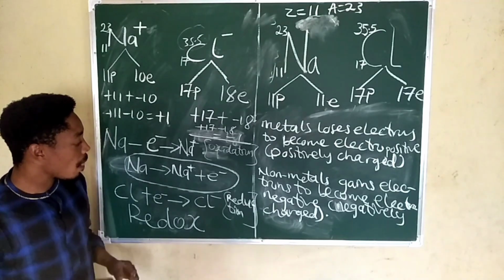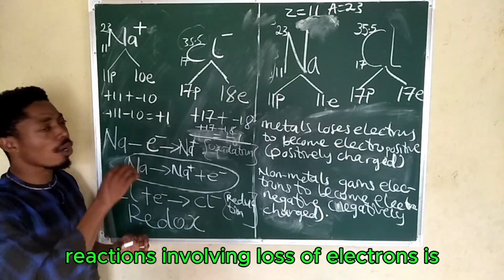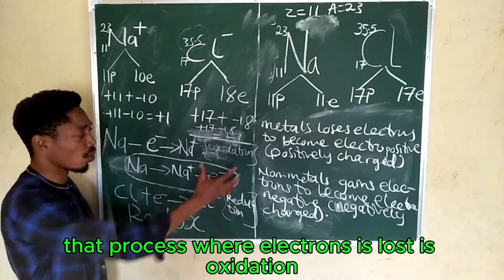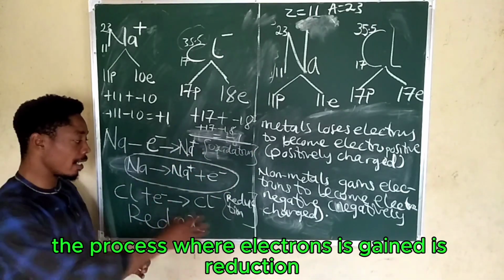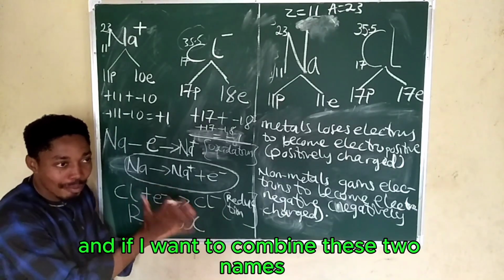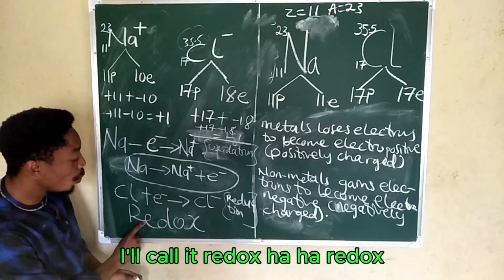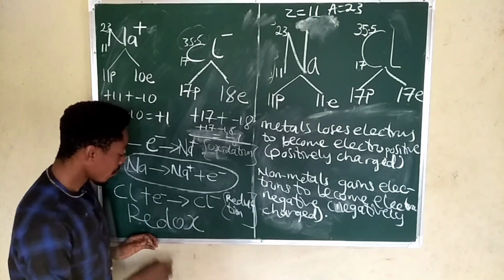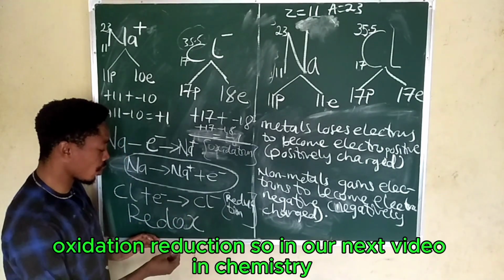So, the process where electrons are lost is oxidation. The process where electrons are gained is reduction. And if I want to combine these two names, I'll call it redox. That's reduction, oxidation, oxidation, reduction.